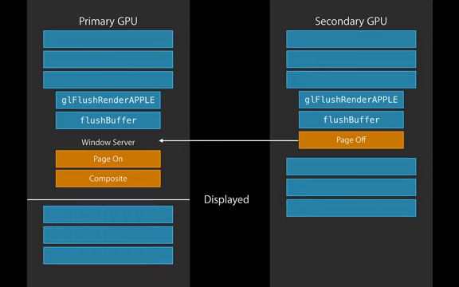And so there's a period of time here where the Windows server has gotten involved for display, and it's going to end up executing that page off, and then the secondary GPU is free to continue working on more graphics work. But the primary GPU is going to have to end up copying the data back on, and then rendering the composite.